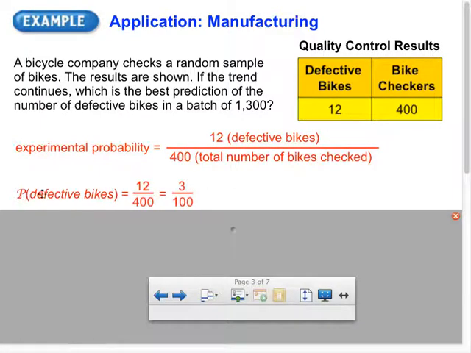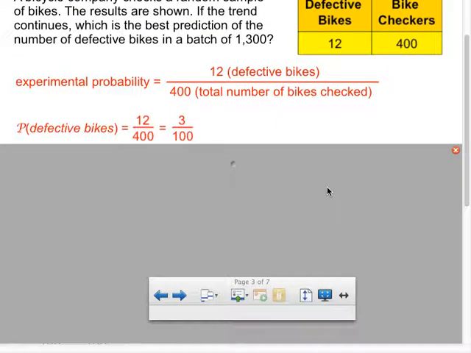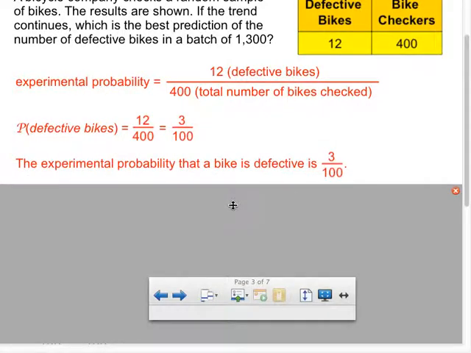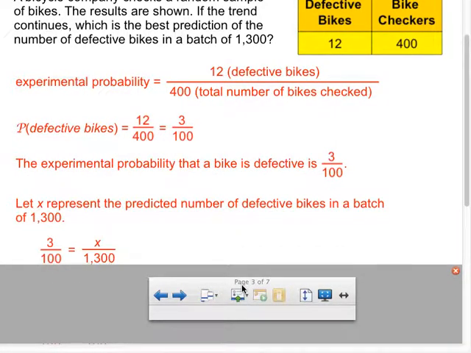So this is the probability of finding a defective bike. Yes? Yes. So the proportion is going to be this right here. If you didn't set up the proportion, I need you to solve the proportion now. It sounds like some of you might have set it up incorrectly.